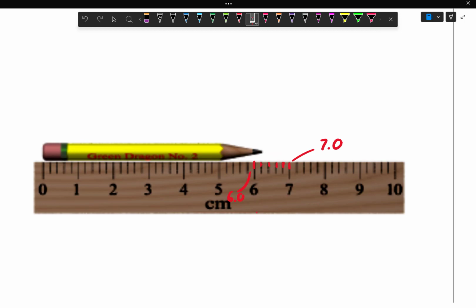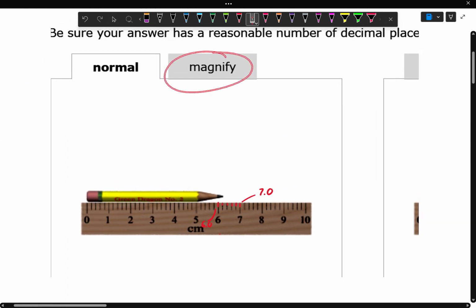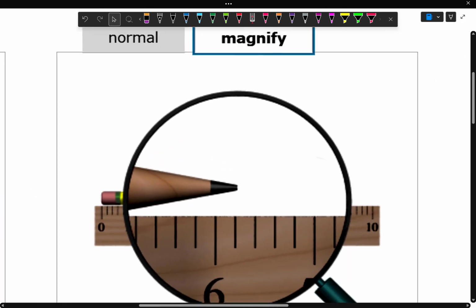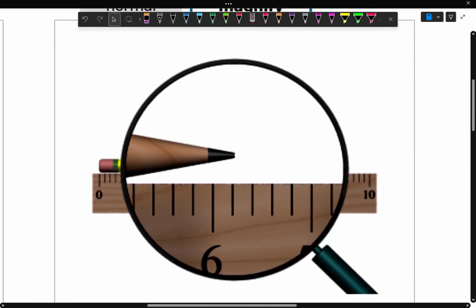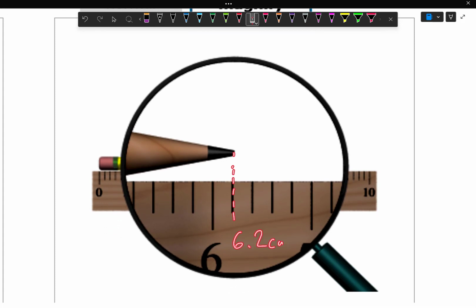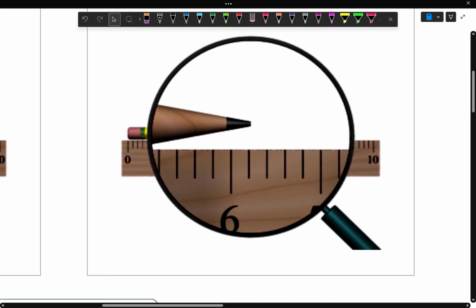So in this situation, what we can do is we can magnify. We always press magnify for these problems, and if you magnify it, you can see that our pencil comes down to the 6.2 centimeter mark. And so that's what we're going to put for this problem.